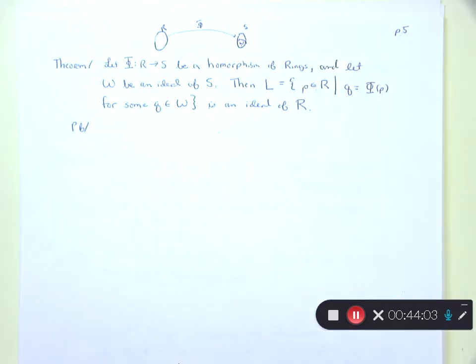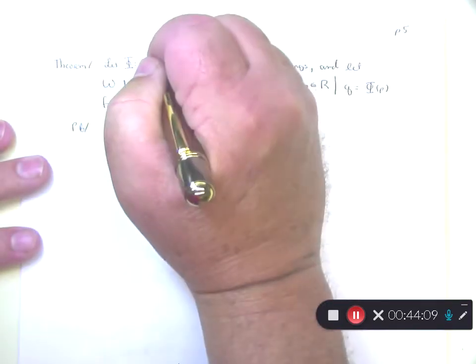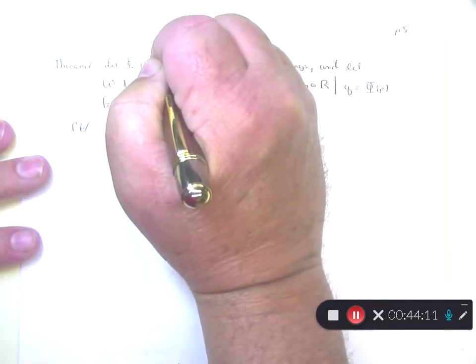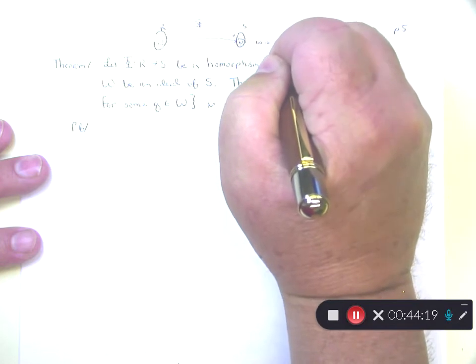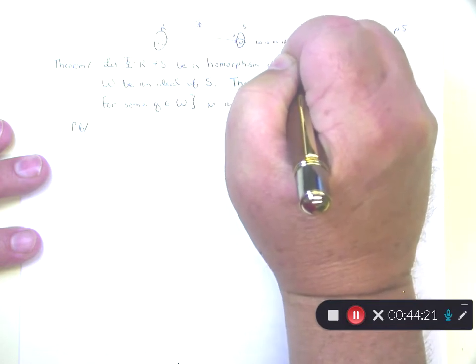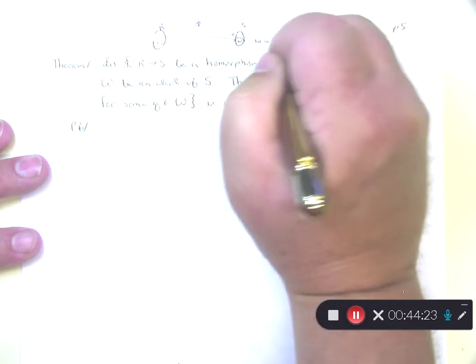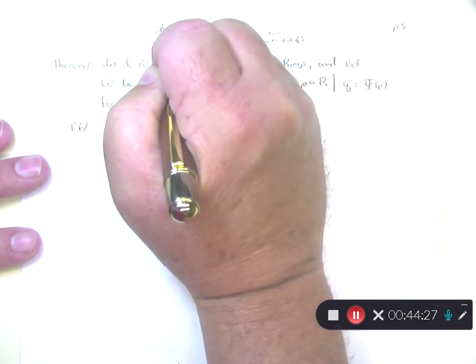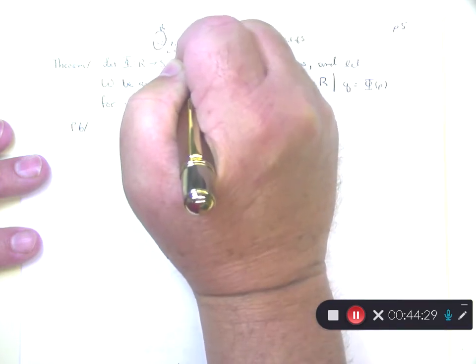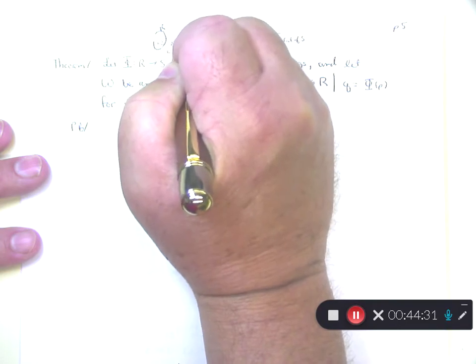Very similar to what we did last time when we talked about being a subring. Now, he's an ideal. The elements over here inside of ring R, which I called L, map to the W's. Since W is an ideal of S, that's given, what we're going to prove is L is an ideal of R.